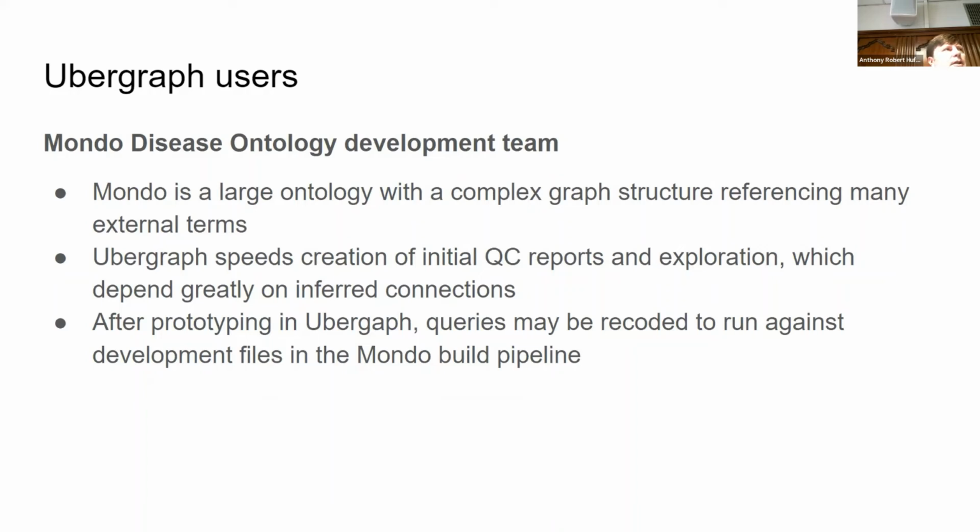Mondo is a really large ontology. It takes quite a while to download it and load it into Protege. And so it can be easier to start off just submitting some SPARQL queries to Ubergraph. And then after prototyping, those are often baked into the build pipeline for Mondo as QC.